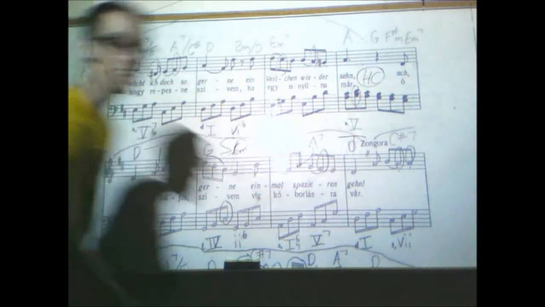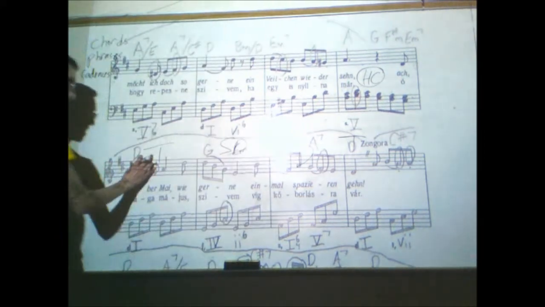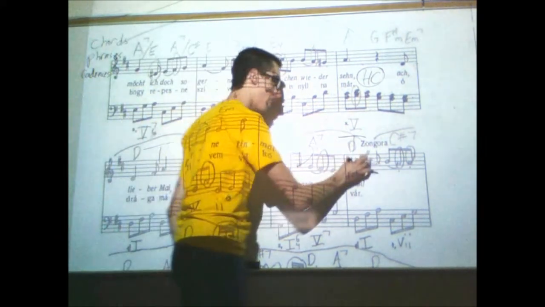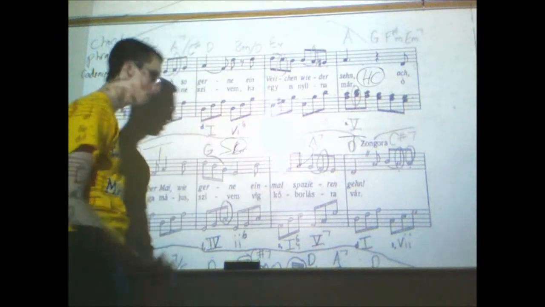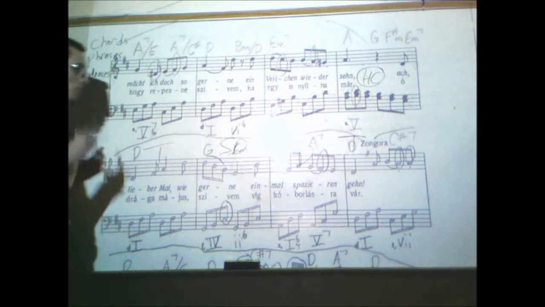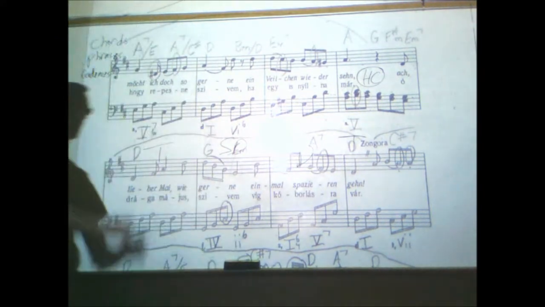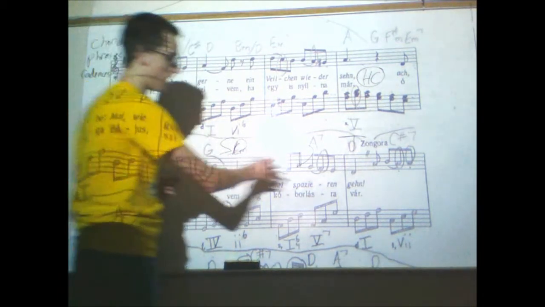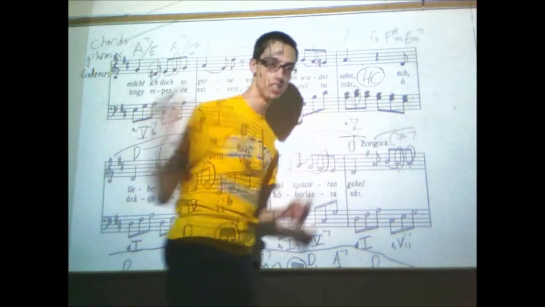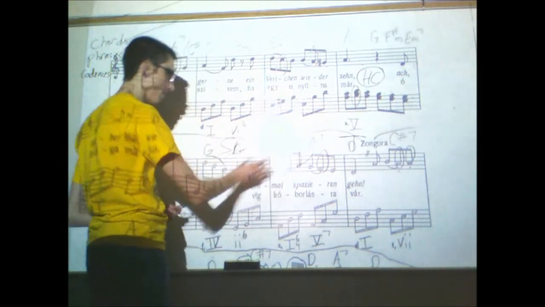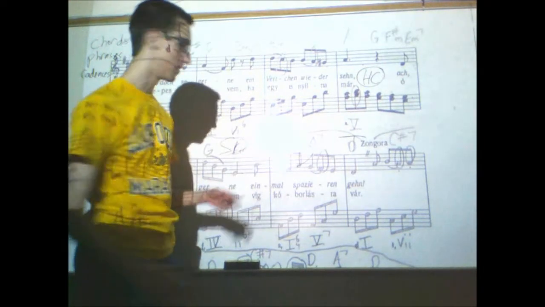As you can see, it is tonic, subdominant, dominant, tonic. 1, 4, 5, 1. So fa mi re do, fa so do, tonic, subdominant, dominant, tonic. You can see it occur.